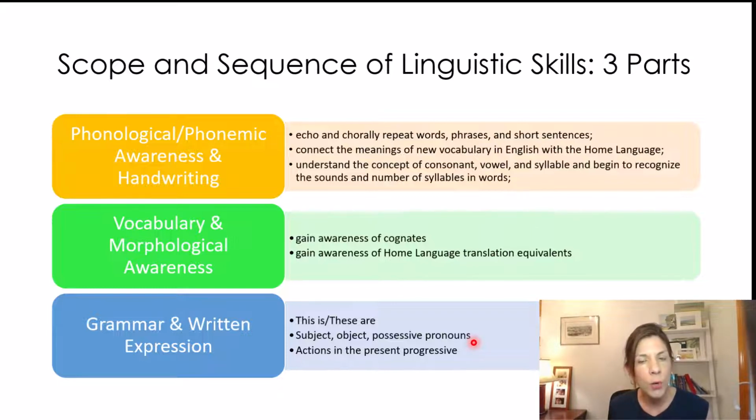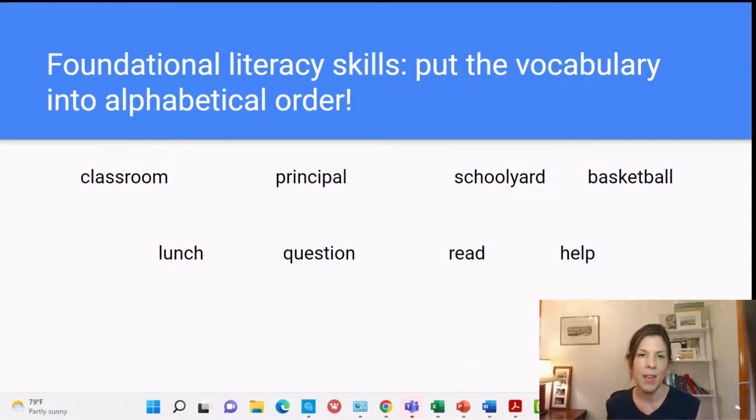I'm going to post week by week to take you through each week's skill. But I'm trying to give you now just an overview of the types of skills that I'm going to ask you to teach your students. And I just want to give you a preview of what this looks like within a lesson. So this is the sample lesson that I've created for you.